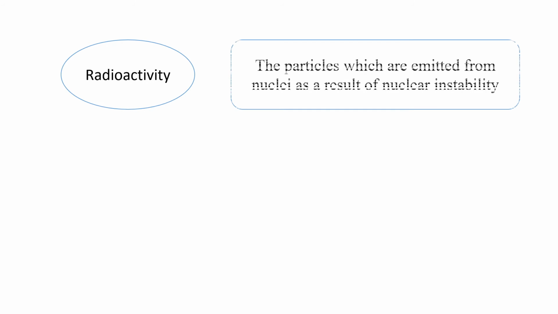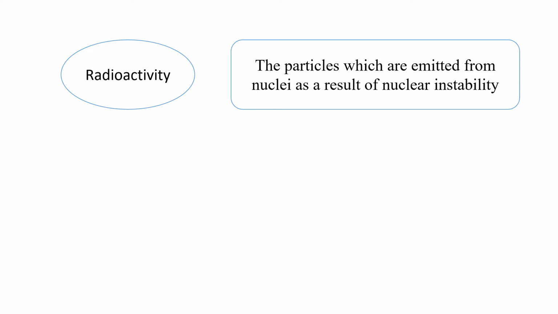It refers to the particles which are emitted from nuclei as a result of nuclear instability. This is because the nuclei experience the intense conflict between the two strongest forces in nature.